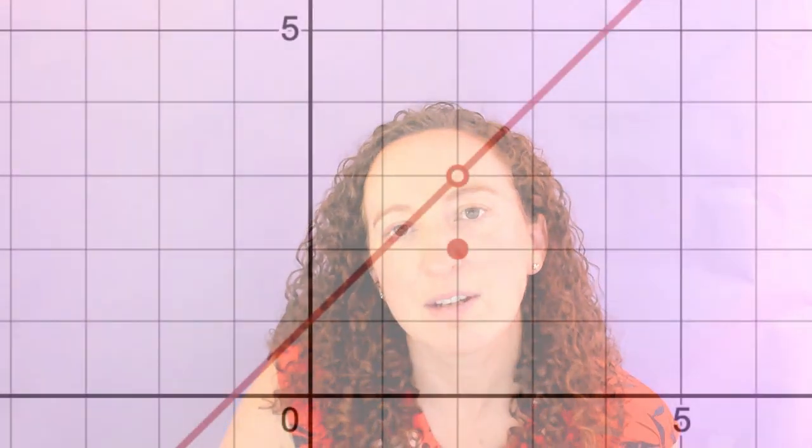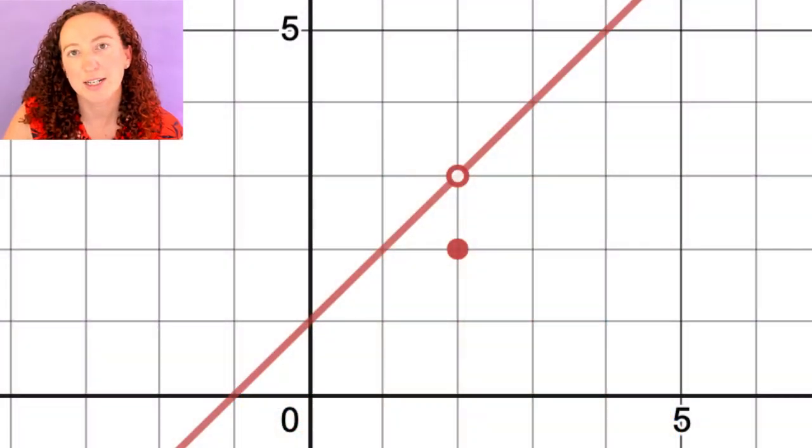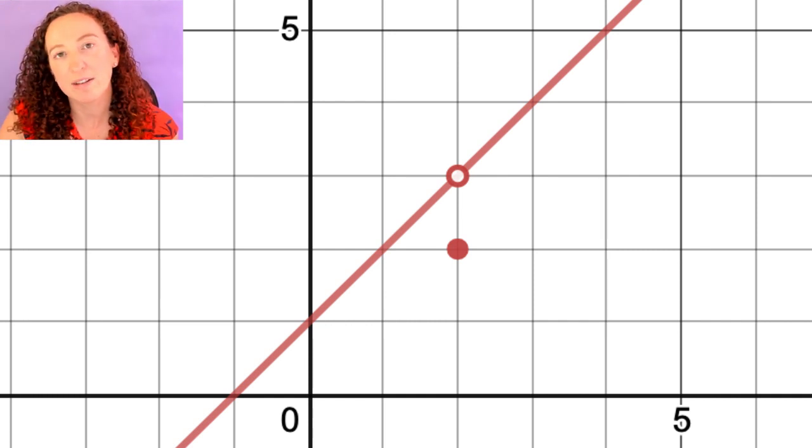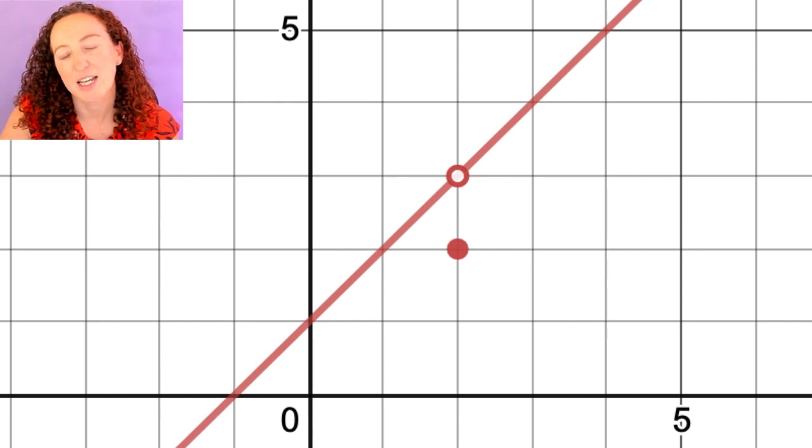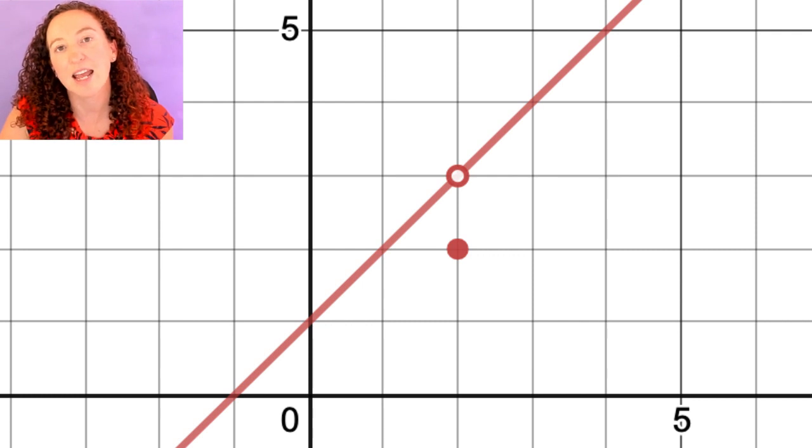You will notice that the first graph has a point discontinuity when x is equal to 2. But notice that if we are looking for the limit of f of x as x goes to 2, then there is indeed a limit.